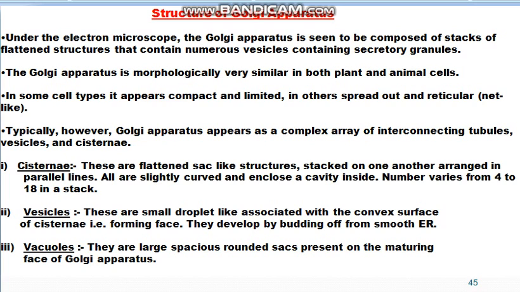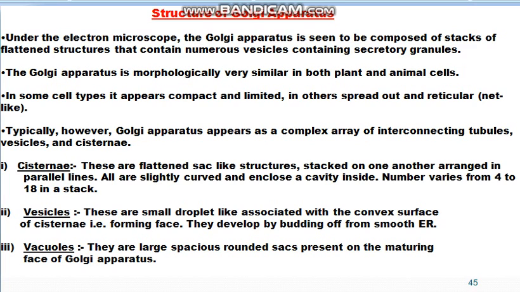Then come the vesicles. Vesicles are small droplet-like structures associated with the convex surface of the cisternae, that is, the forming phase, and they develop by budding off from the smooth endoplasmic reticulum.